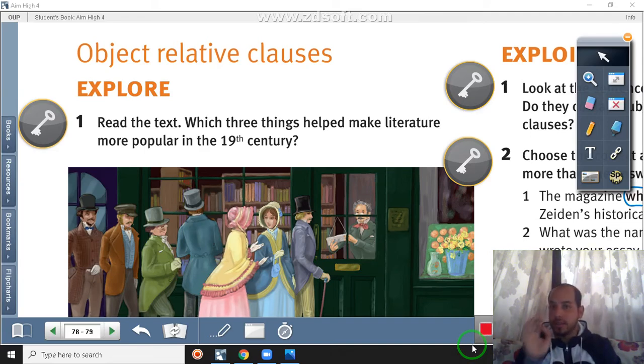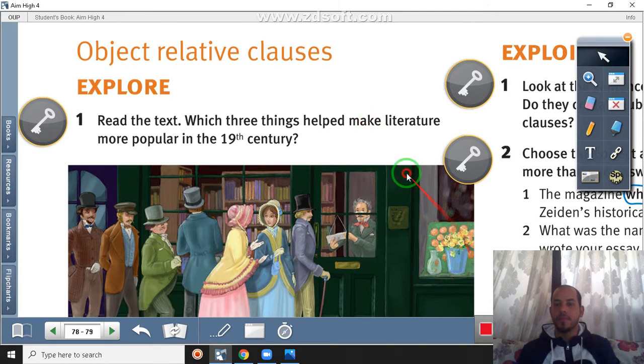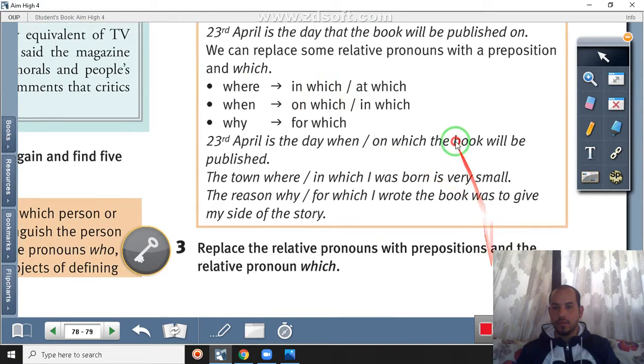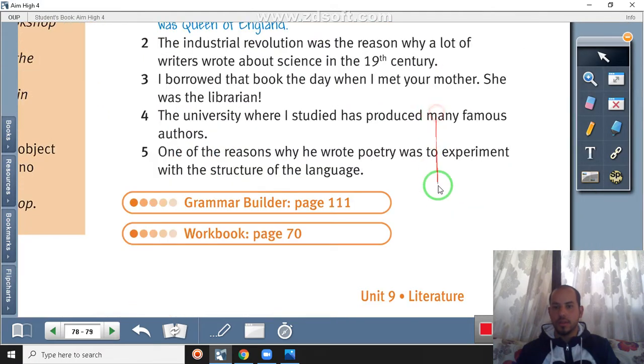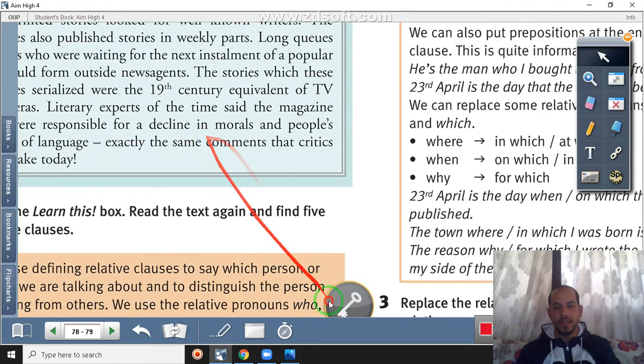Today we have a very simple, super easy lesson. Our concern today is Unit 9, and to be more specific, our field is grammar. So please everyone, open your student book on page 79.